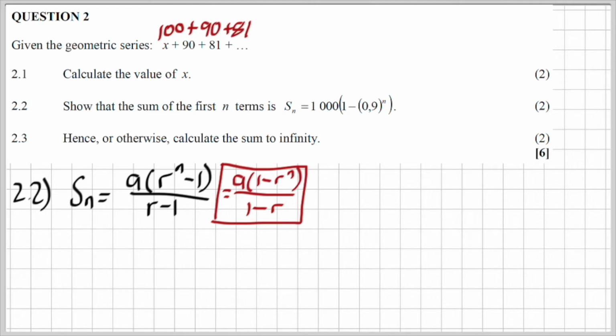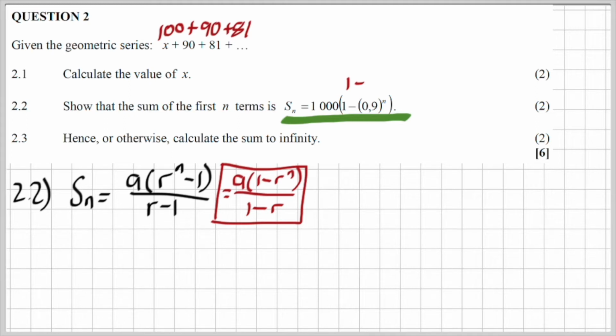Well, let me share. Look at where you want to go. I want to go to a place where I say 1 minus something. That's why I am looking rather at 1 minus r to the n instead of r to the n minus 1.